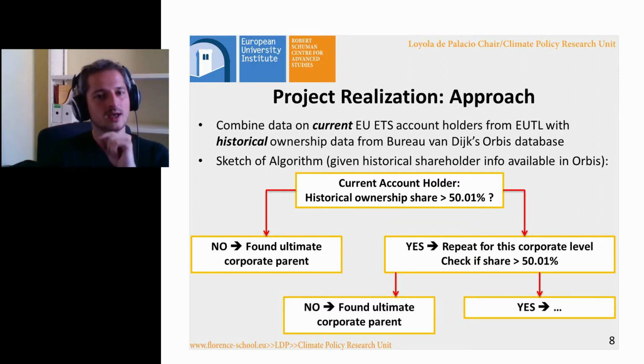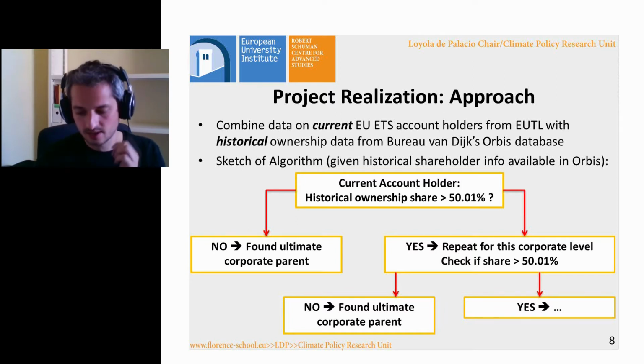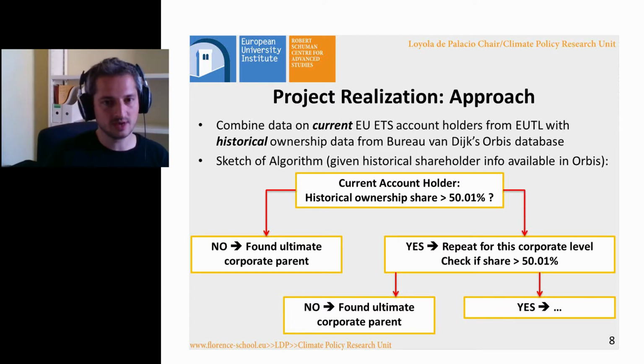However, with the publicly available information, we are not able to track the changes in the actual holders registered for that particular account. So this is a caveat that you have to take into consideration.